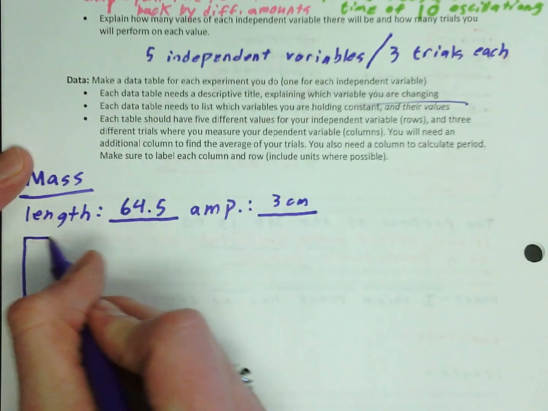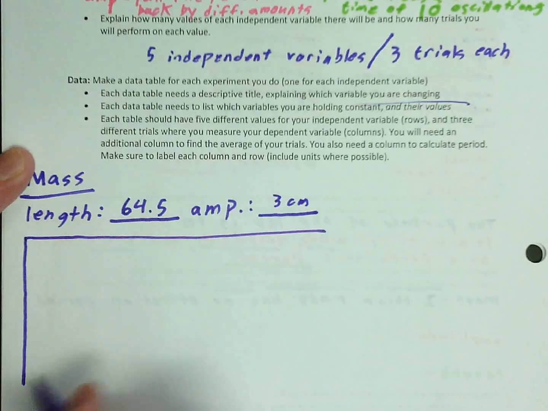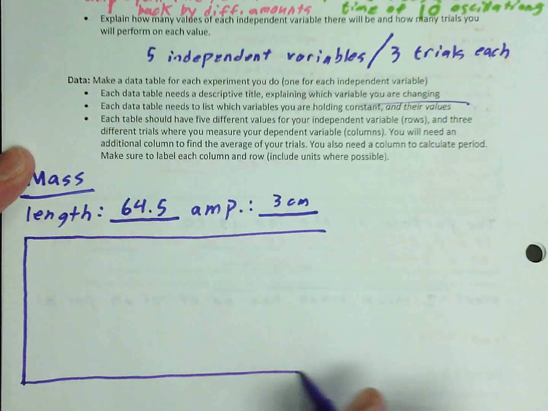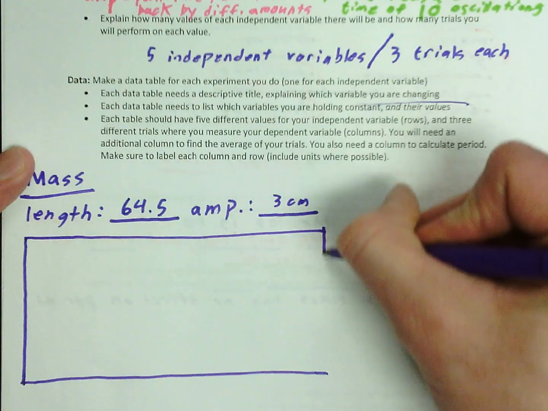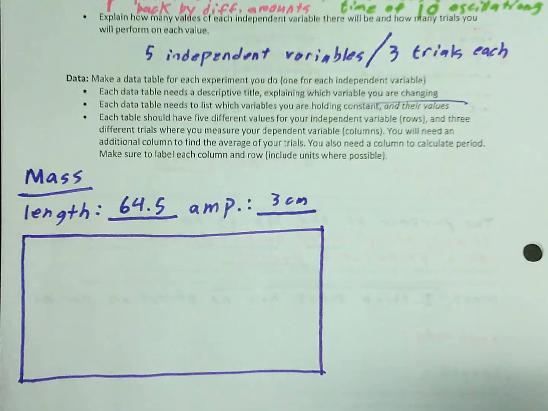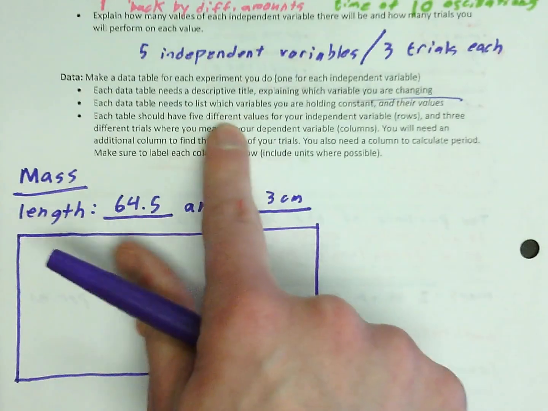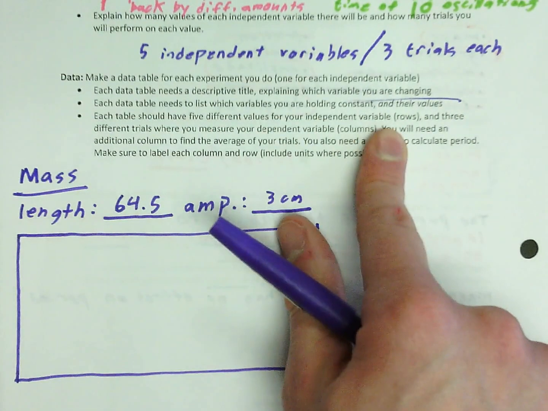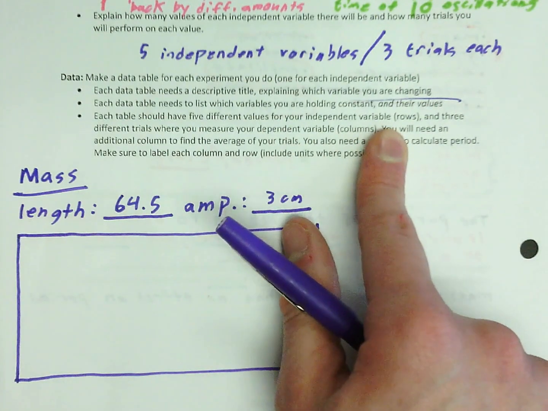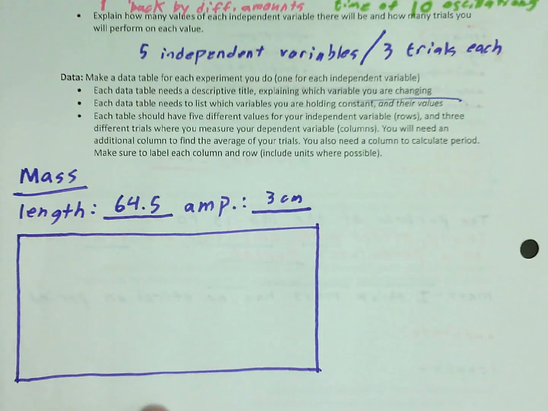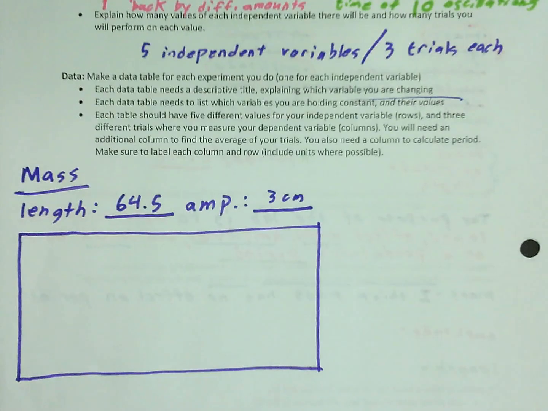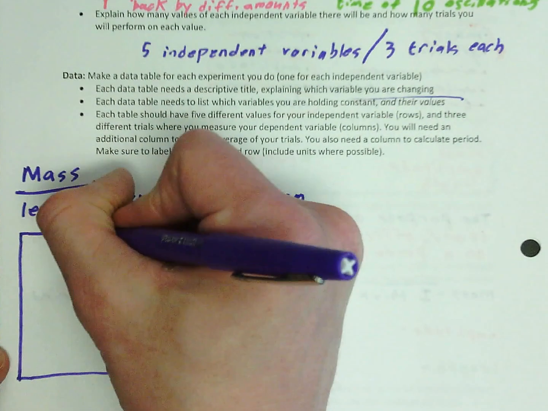All right, so we're going to make a chart now. Okay, you should have a column for 5 different values for your independent variable. So you should have 5 rows, 1 for each independent variable, and you should have a column where you change the independent variables.